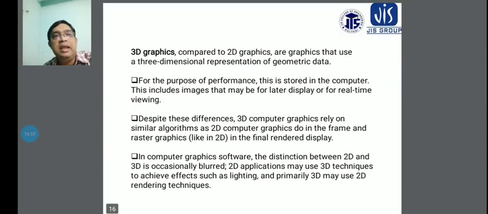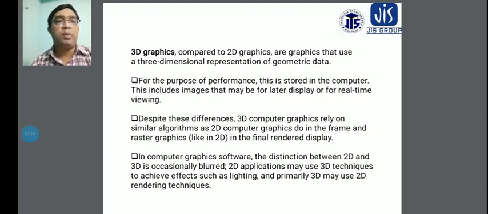3D graphics, compared to 2D graphics, are graphics that use a three-dimensional representation of geometric data. For the purpose of performance, this is stored in the computer. This includes images that may be for later display or for real-time viewing.